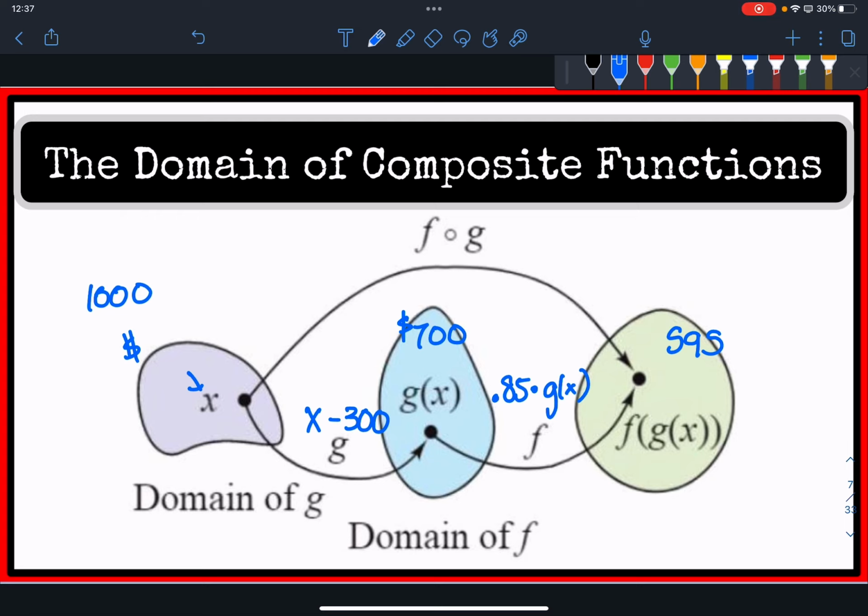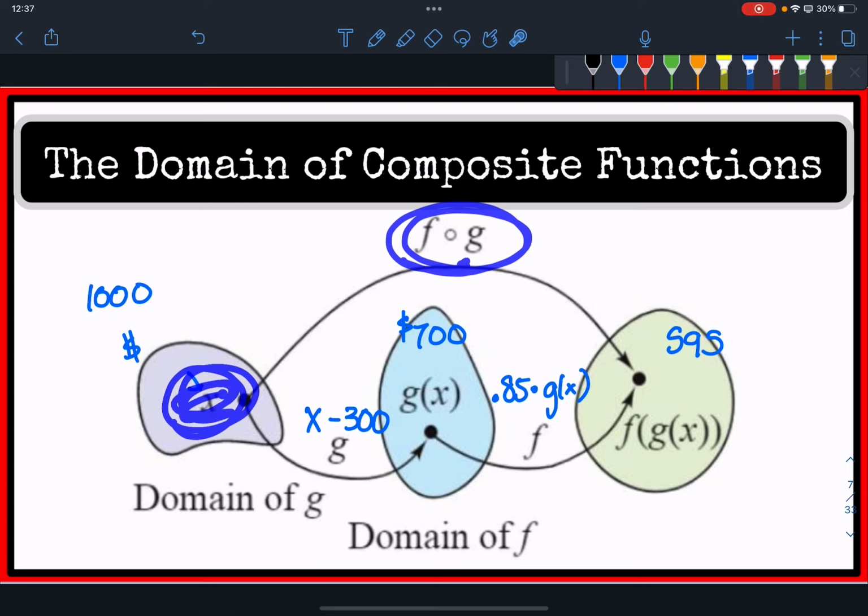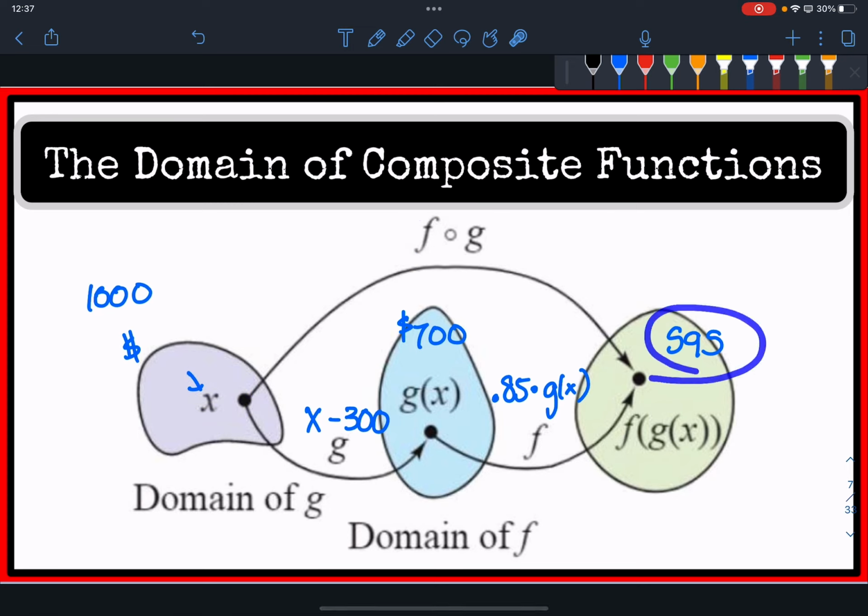We start off with one value, we plug it into a function, and then that answer gets plugged into another function to get a final answer here. And the domain of f of g, the domain of this entire thing, is determined by what numbers we're allowed to use at the start, and then what numbers we're allowed to use again at the very end for the function f.